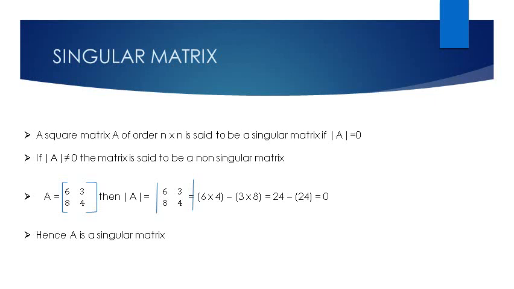So what is the condition? If determinant A is 0, then it is singular. So here you have got the value as 0, so the matrix A is a singular matrix. But if after solving the determinant of a matrix you are getting any other value except 0, then it is a non-singular matrix. Clear? Okay.